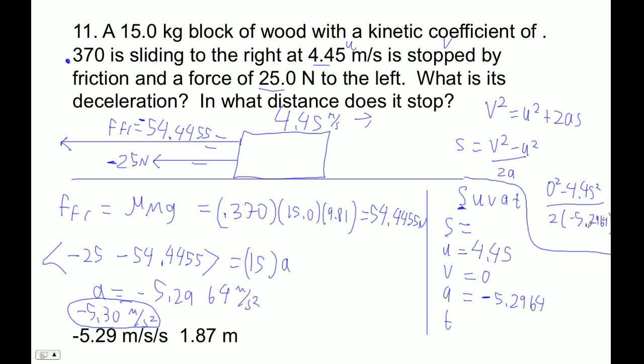So here we go: 4.45 squared divided by 2 divided by 5.2964. I get that s is 1.86944. So our displacement is 1.87 meters. Pretty cool.